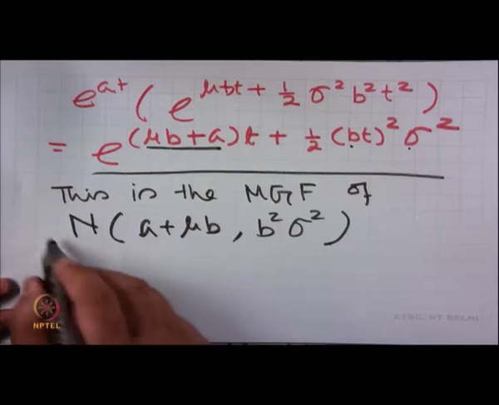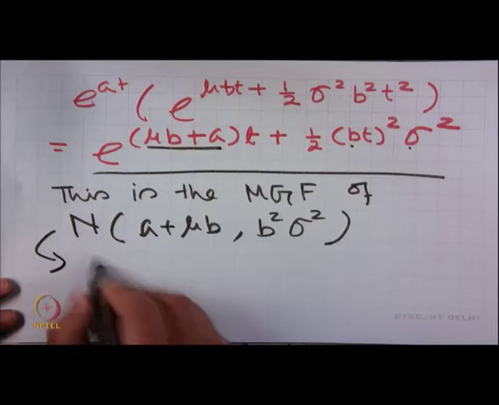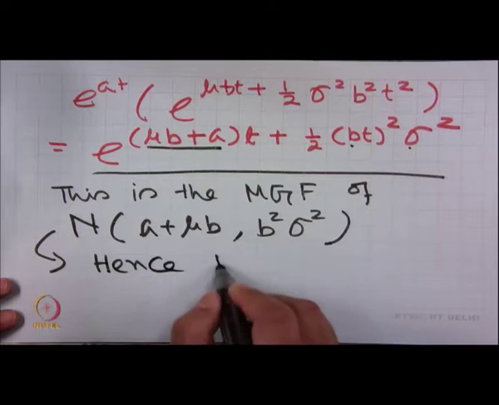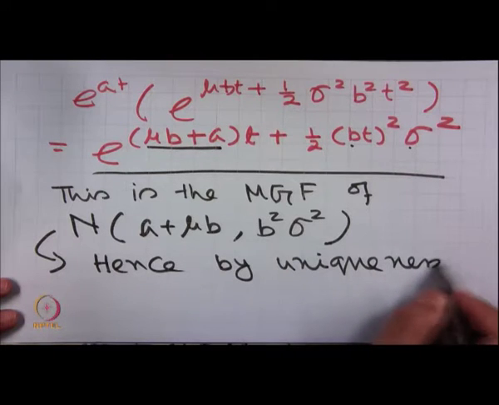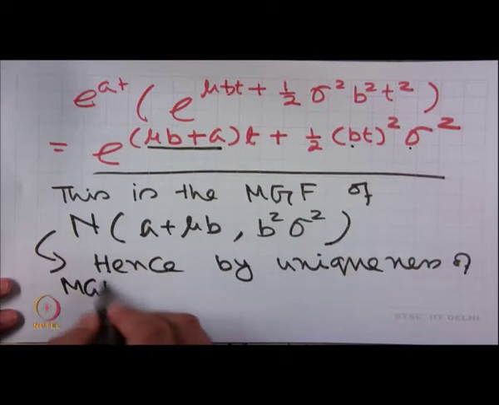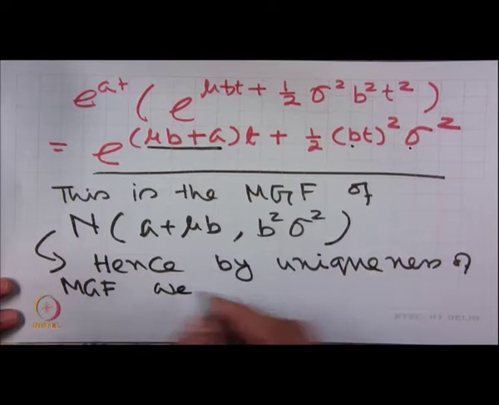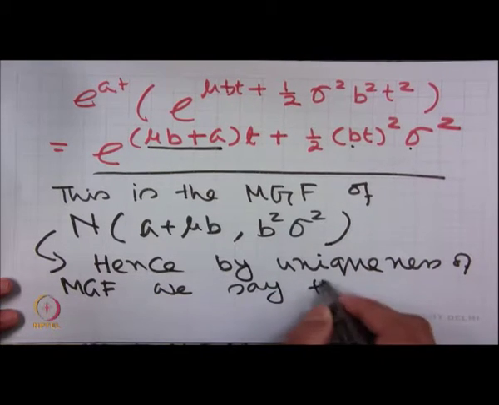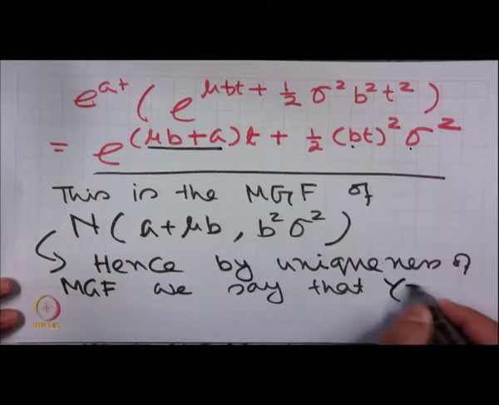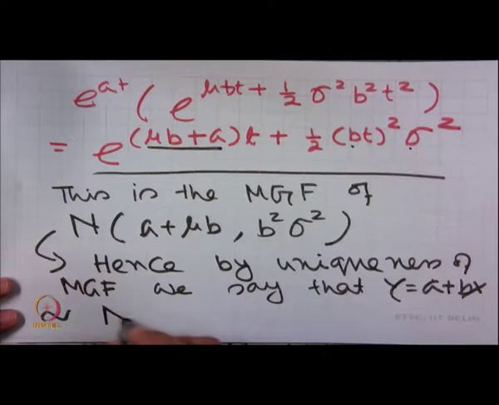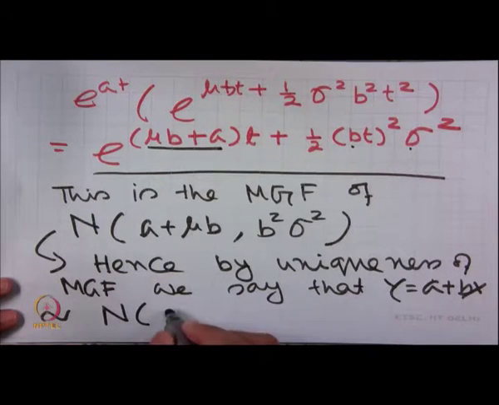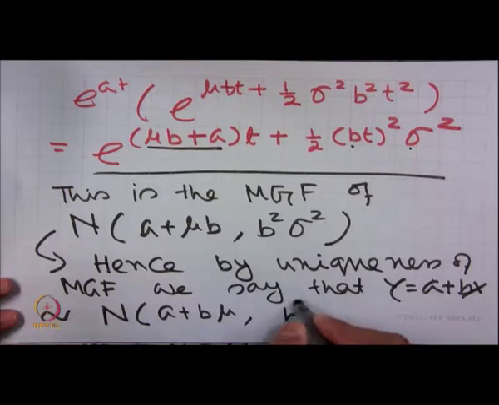Hence, by uniqueness of moment generating function, we can say that y is equal to a plus b x is distributed as normal with mean a plus b mu and variance b square sigma square.